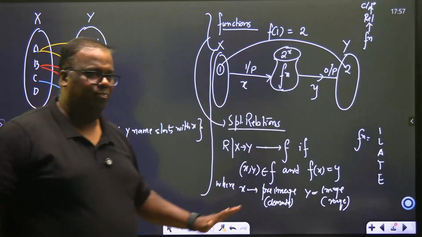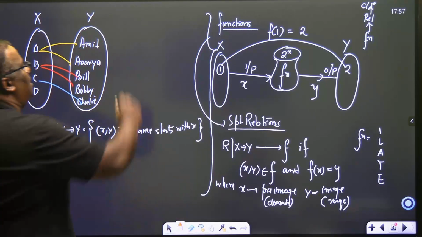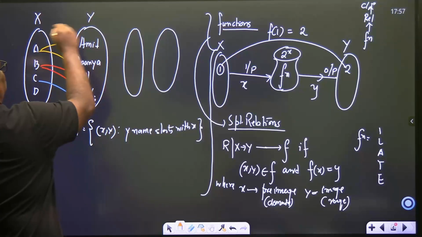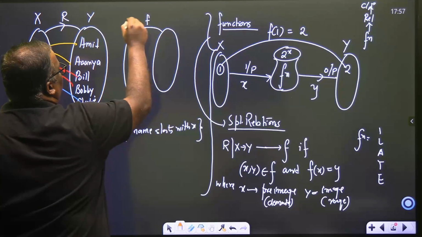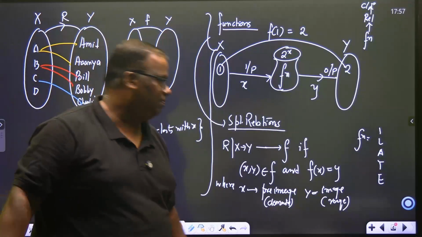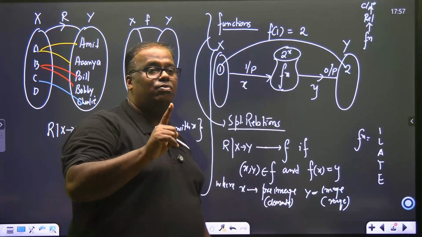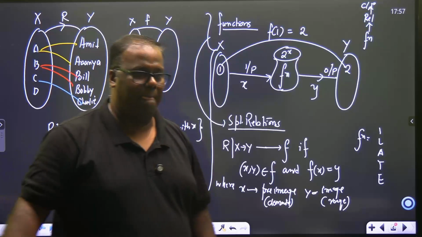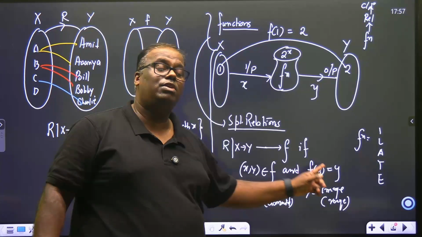Right? Now the main difference between a function and this: this was a relation that we had mapped. Now we'll map a function. We'll see what is the difference. In a function, every single input should have a unique output. Are you understanding? Every input should have a unique output.